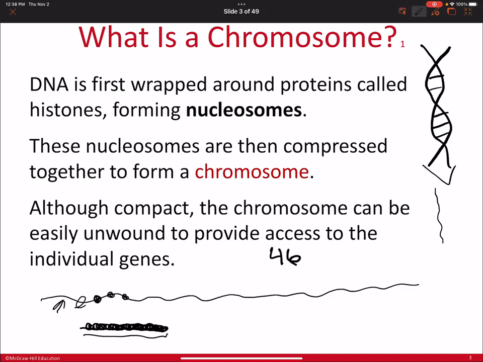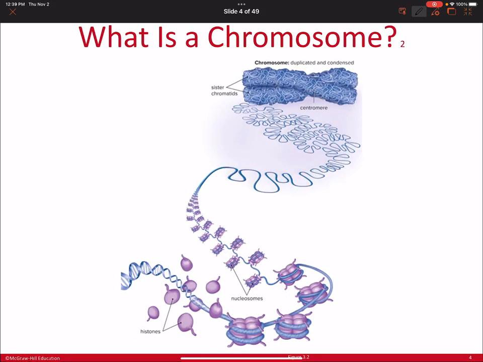Then we take this and wrap it even more around itself. So really, your DNA is pretty packaged inside of your nucleus. As a matter of fact, if you took all 46 of your chromosomes and laid them end to end, they would be over 6 feet long.